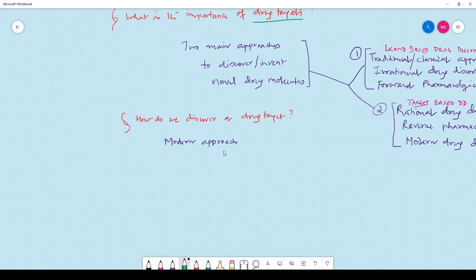By modern approach, we mean the post-genomic approach. By post-genomic approach, we mean after the publication of the human genome sequence.